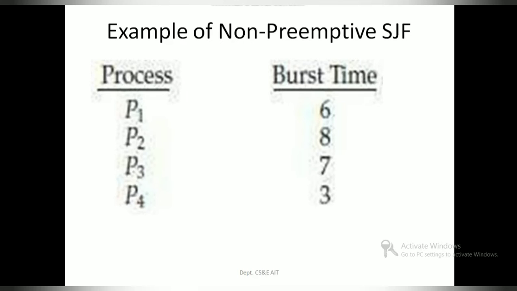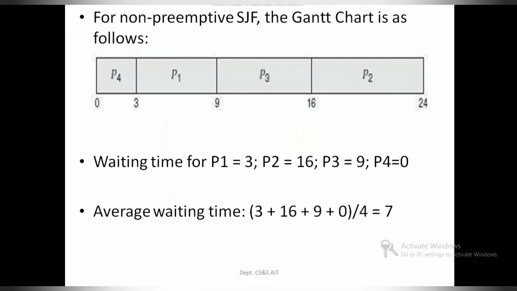Whichever has the shortest burst time will be the first to be executed. Among the 4 processes, P4 has the shortest burst time. After P4 it is P1, after P1 it is P3, and after that it is P2. You can see the Gantt chart represented in the same order. So I will be giving the CPU to P4 first, then P1, P3 and P2.